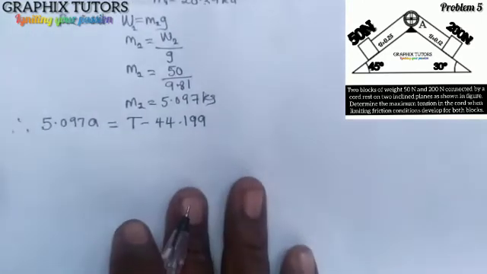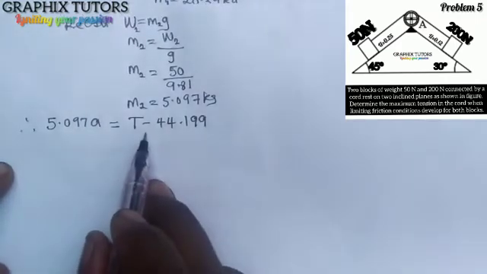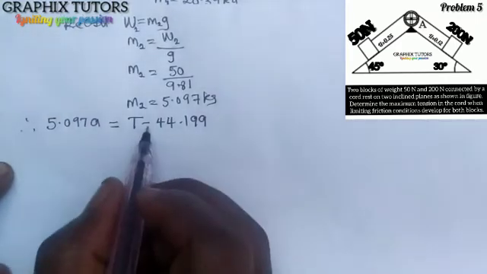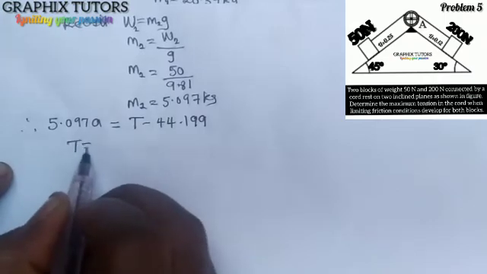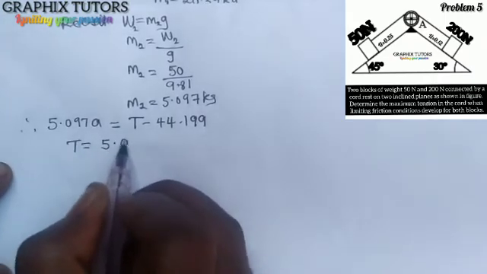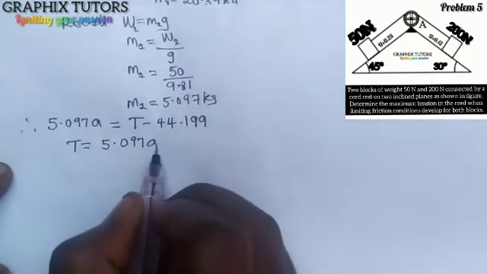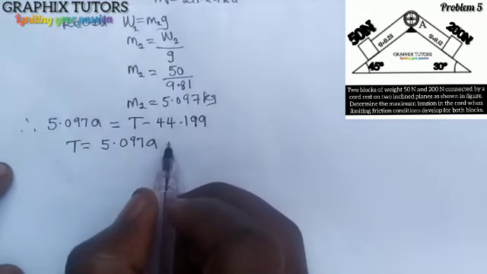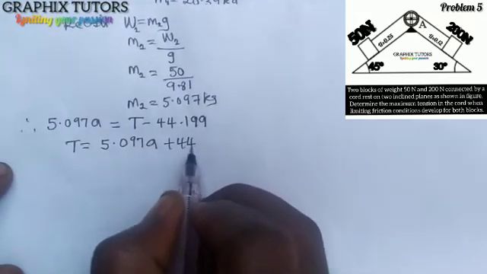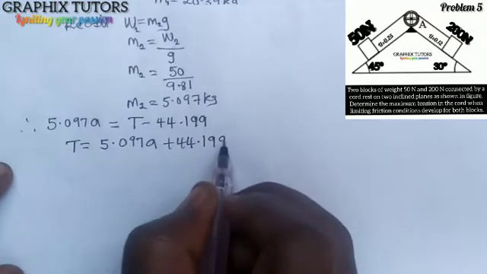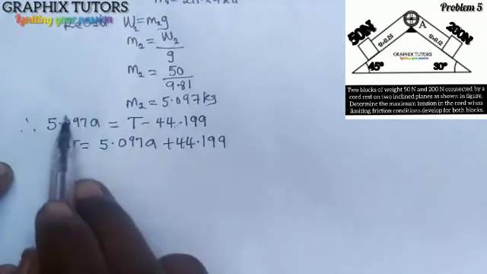If I make T the subject of the formula, T will now be equals to 5.097A plus 44.199, because when it's coming here it becomes plus.